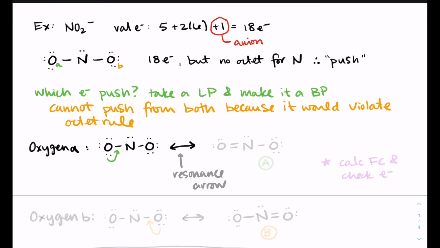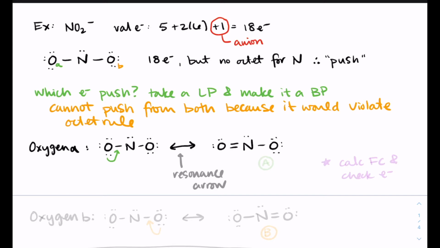If I move the electrons from oxygen A, one of the lone pairs, I have an arrow showing that it's going to go down and be shared between the oxygen and the nitrogen. The result, and instead of writing a regular reaction arrow, I've got a double-headed arrow here. This arrow means that it's resonance, which we're going to define, but this means all I did was move the electrons.